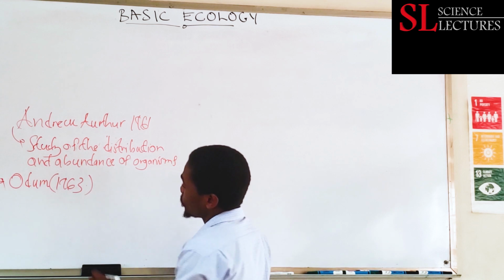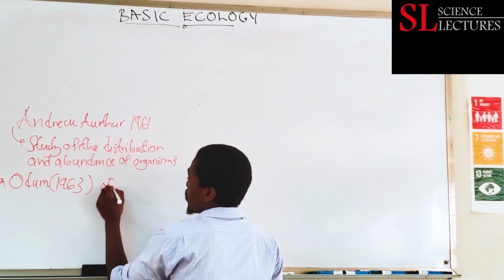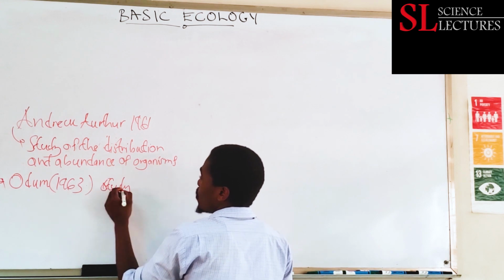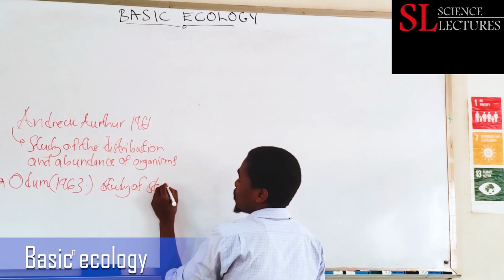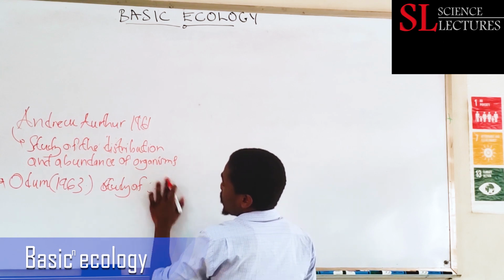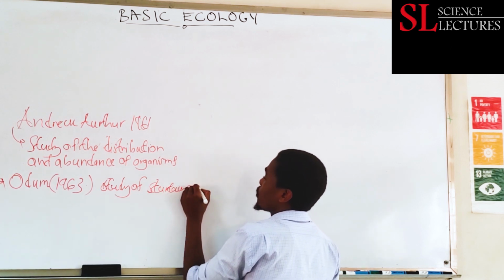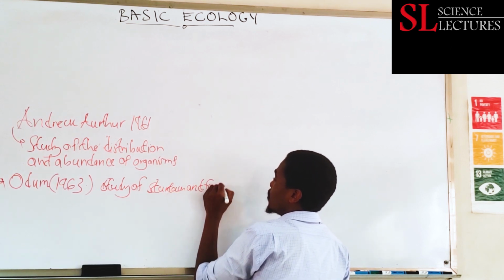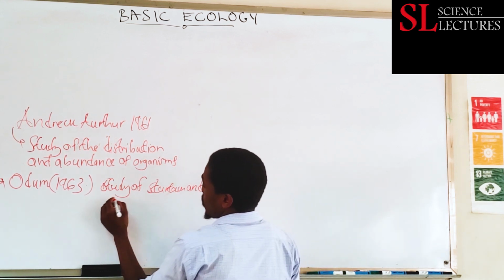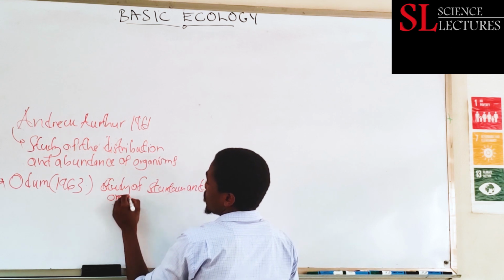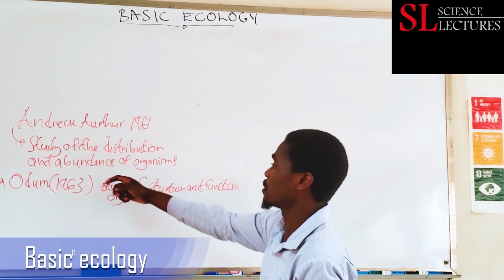And Odum, when he comes in, simply defines it as the study of the structure and function of organisms. Structure and function of organisms. So this is how Odum studies ecology in 1963.